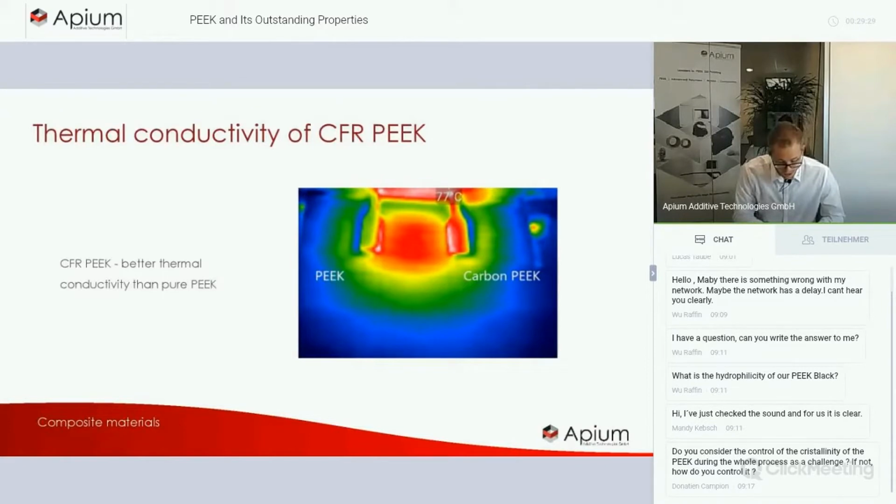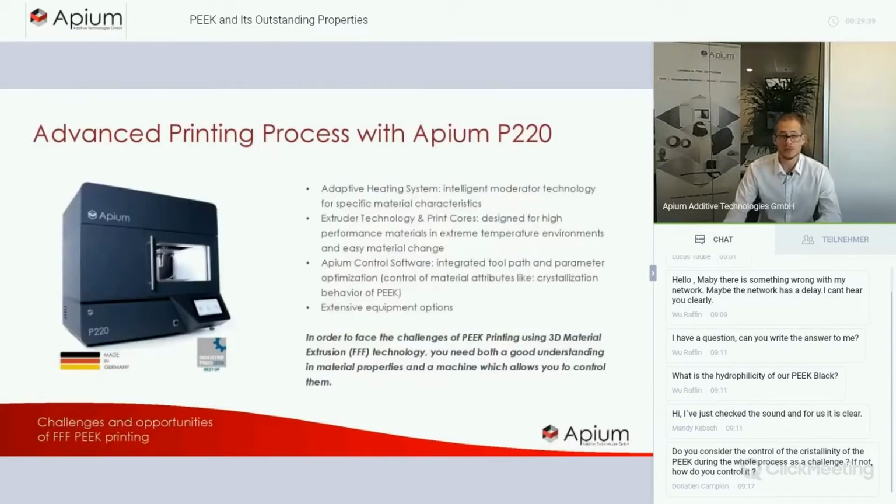I've spoken a lot about PEEK and the composites just a bit, and the very interesting part is how we process this material. So of course we did a lot of thinking in processing PEEK and other high-performance thermoplastics, and what makes our machine very special is the adaptive heating system, where we bring in the needed heat for the part to come to its thermodynamic equilibrium state.